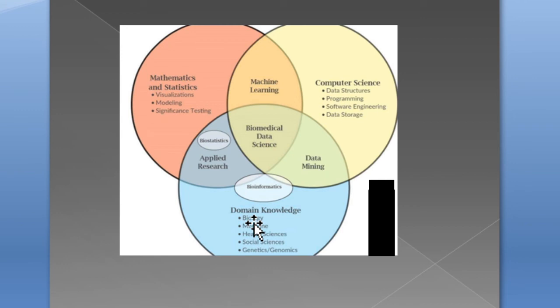And all this cannot be covered if we do not have an idea of the main concepts related to biology, medicine, health sciences, social sciences, and the genomics, genetics, proteomics or transcriptomes associated with our study. So here we can easily say that bioinformatics gives us an overview, including the services of computer science, mathematics and statistics, and biology.